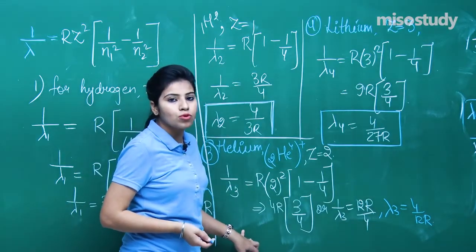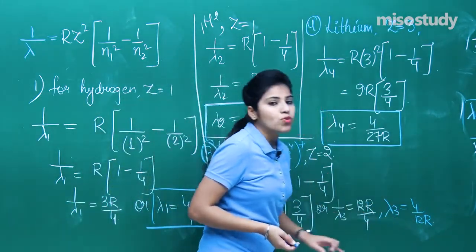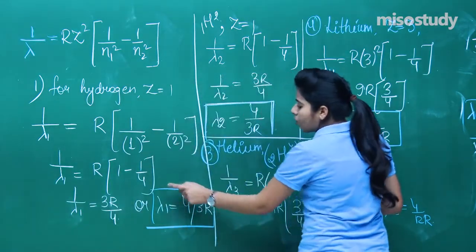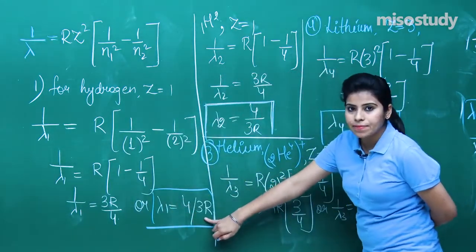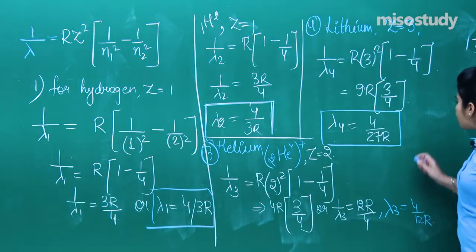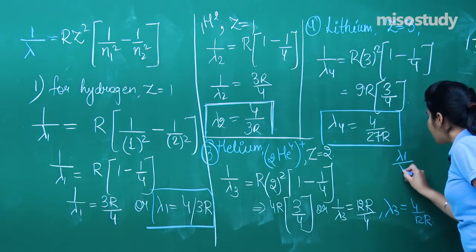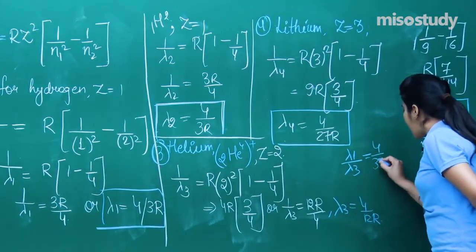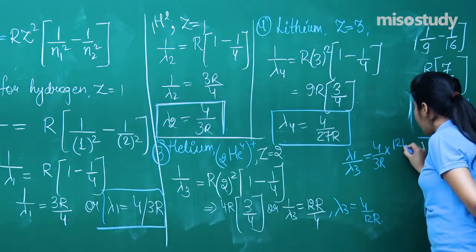Now because we have to find the relation, what I can see over here is lambda 3 has come out to be 4 by 12R. That means lambda 1 was 4 by 3R, lambda 3 is 4 by 12R. So if you see lambda 1 by lambda 3, you will have 4 by 3R into 12R by 4.